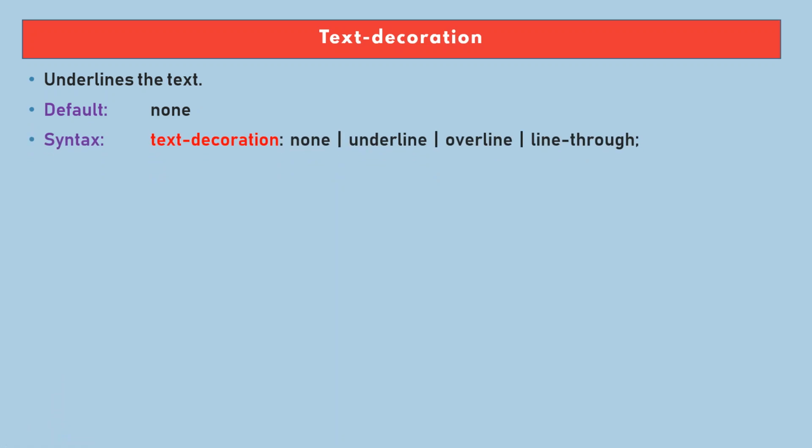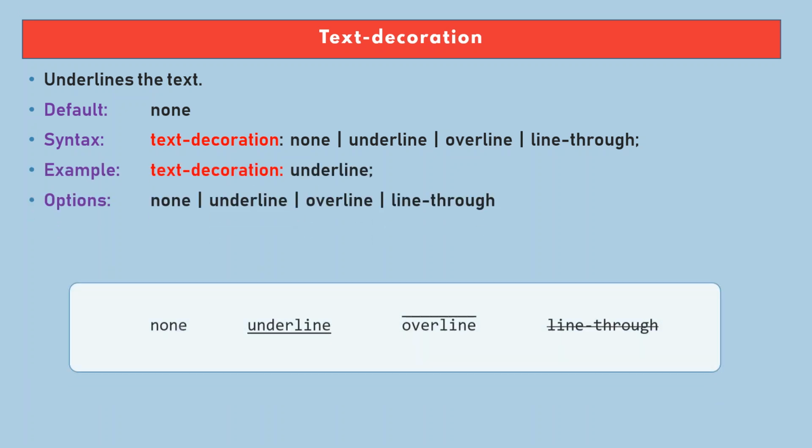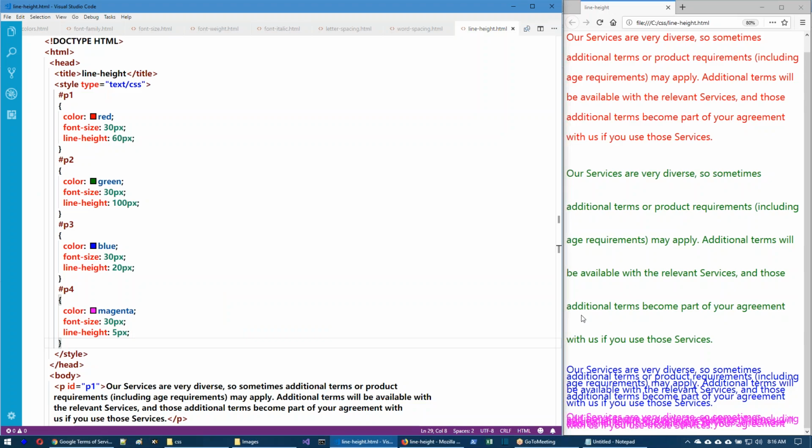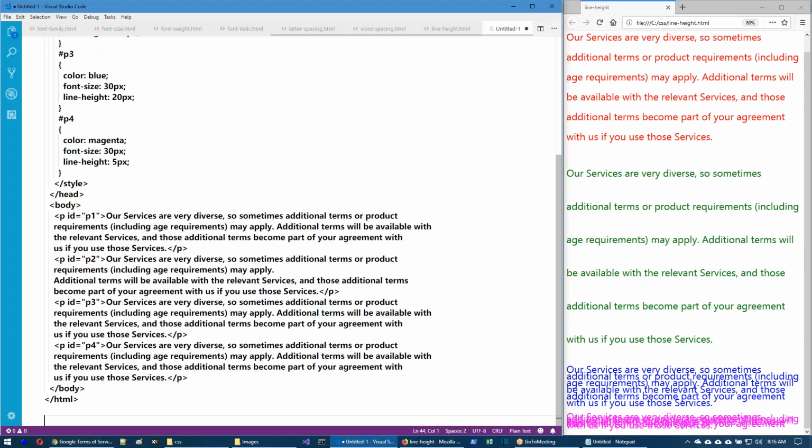It specifies underline, overline, a line above the text or below the text, you can display the line. See, like this: none, underline, overline, line through, 4 options. None means normal, underline means below the text, overline means above the text, line through means across the text you will get a line. Check it.